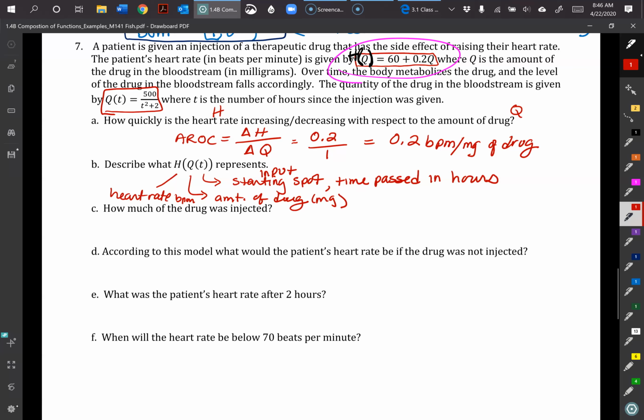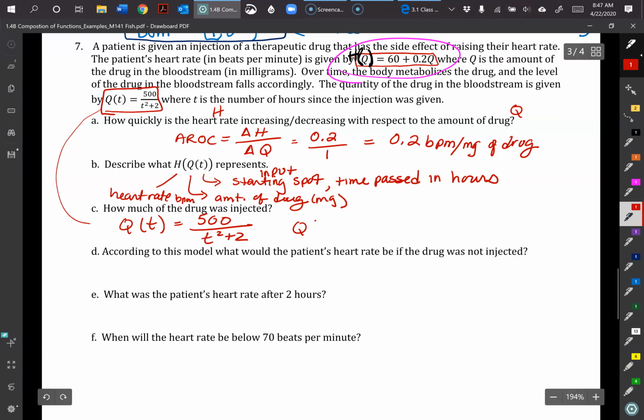So how much of the drug was injected? So part C, let's take a look at that. If we want to know that quantity, we need to use the Q of T function. And specifically, we want to know what Q of 0 is, because that's our initial time.